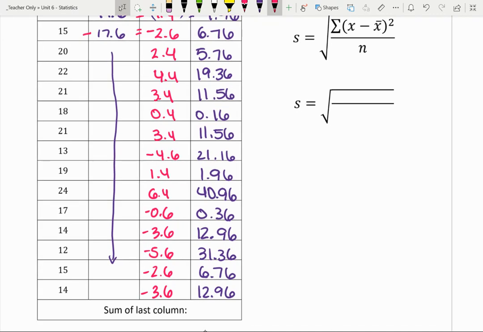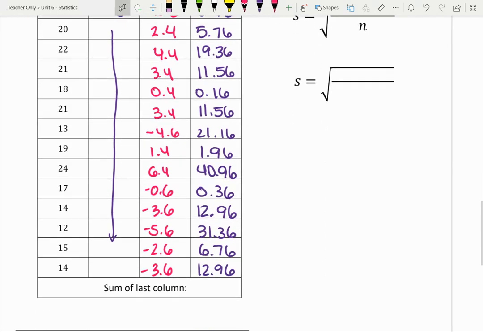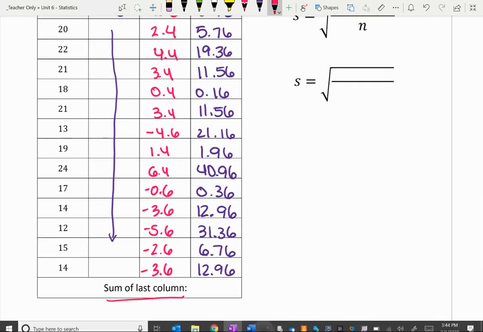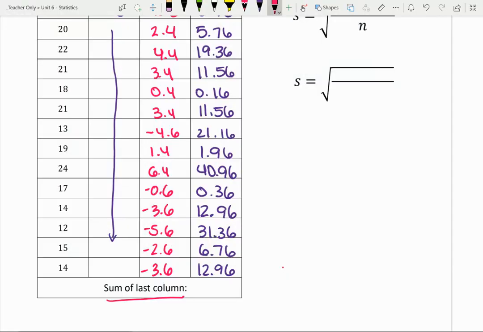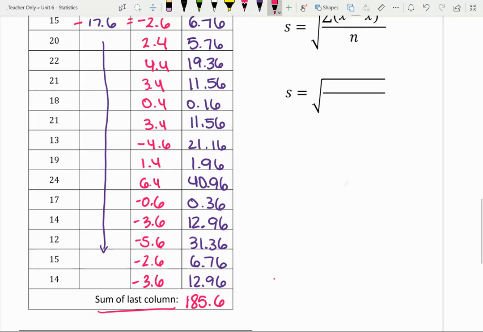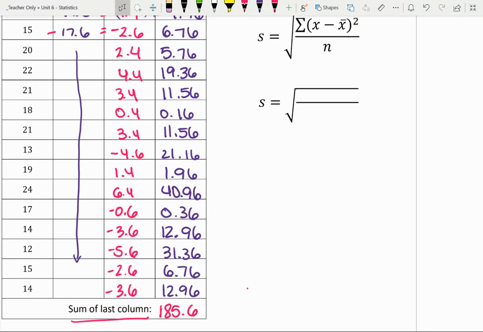So one more step here. Now that we have verified all 15 of our squares there, we take the sum of that last column and hopefully we get 185.6. So that goes in the numerator, 185.6, because that number represents the sum of the squares of our differences.